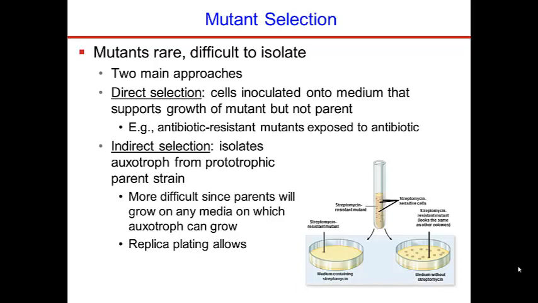Direct selection occurs when the bacteria are cultured in conditions where only the mutant will grow. Indirect selection occurs when the bacteria are cultured in conditions where the growth of the mutant is different from the growth of the wild type.